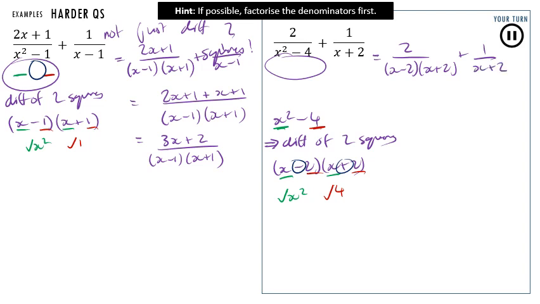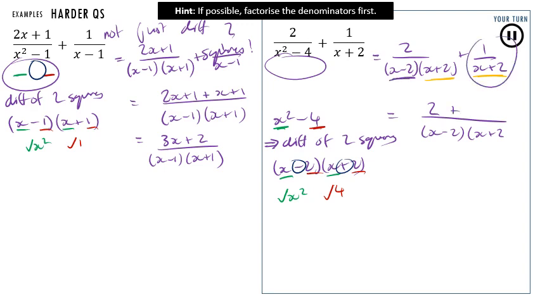and again we can see why this is helpful here, because we've got x plus 2 here, we've also got it over here. So for our denominator, we can just use x minus 2 times x plus 2. This 2 will stay just as it is, but we're multiplying this second fraction by x minus 2.